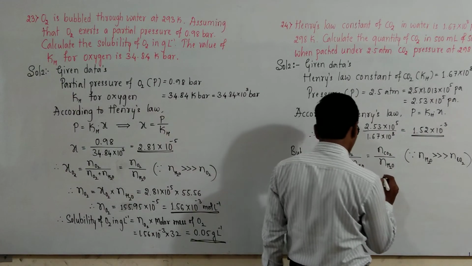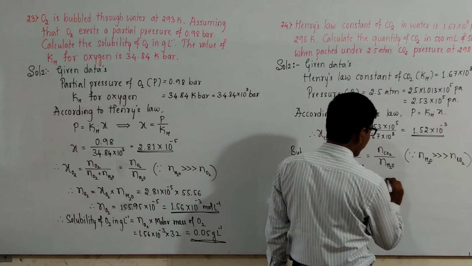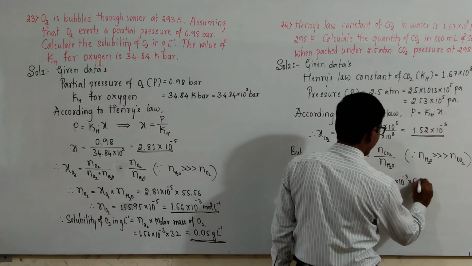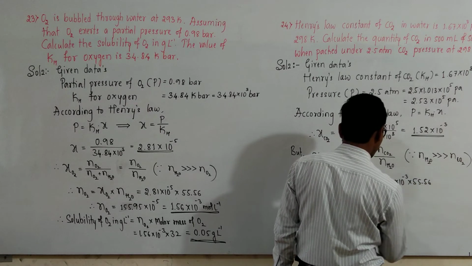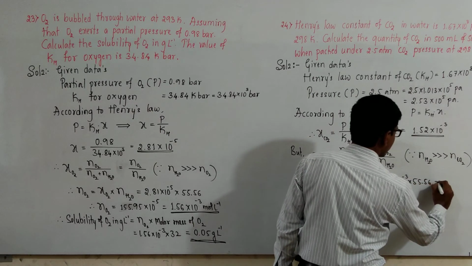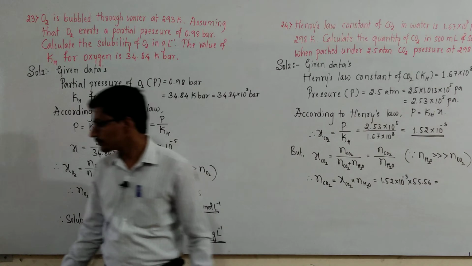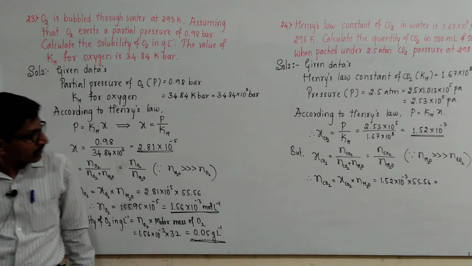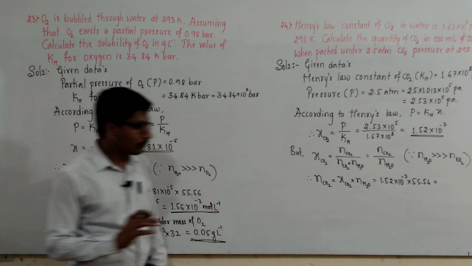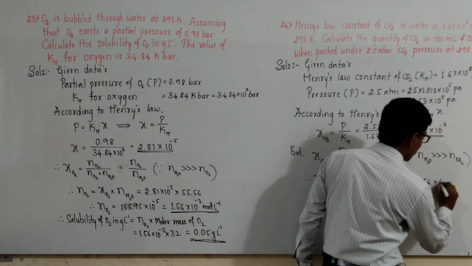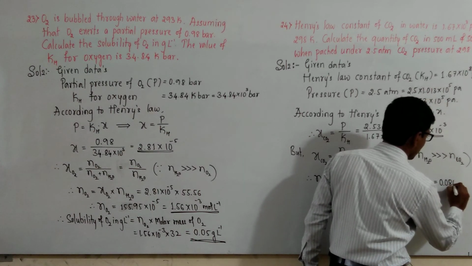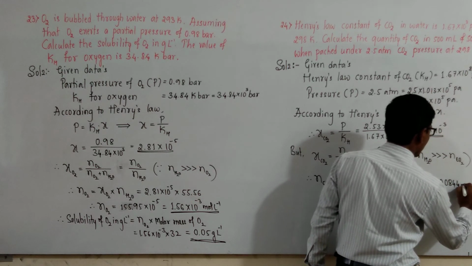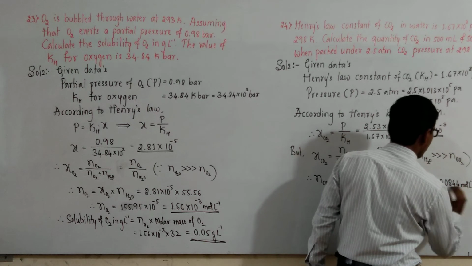So 1.52 into 10 raised to minus 3 into 55.56 becomes 0.0844. This is mole per liter.